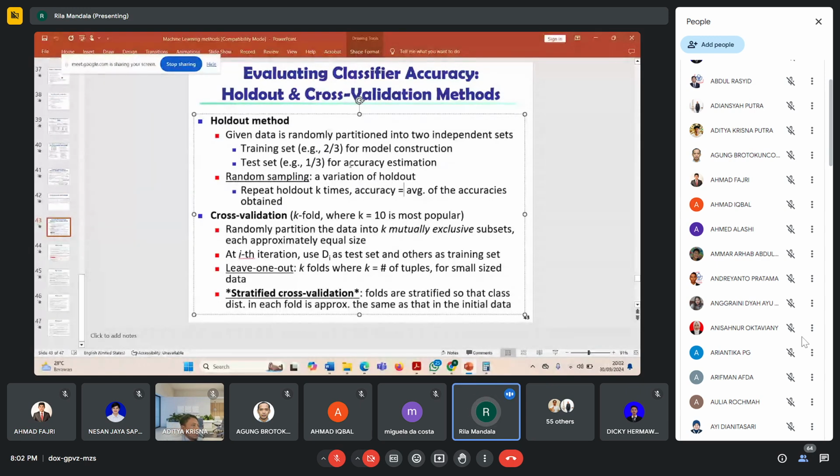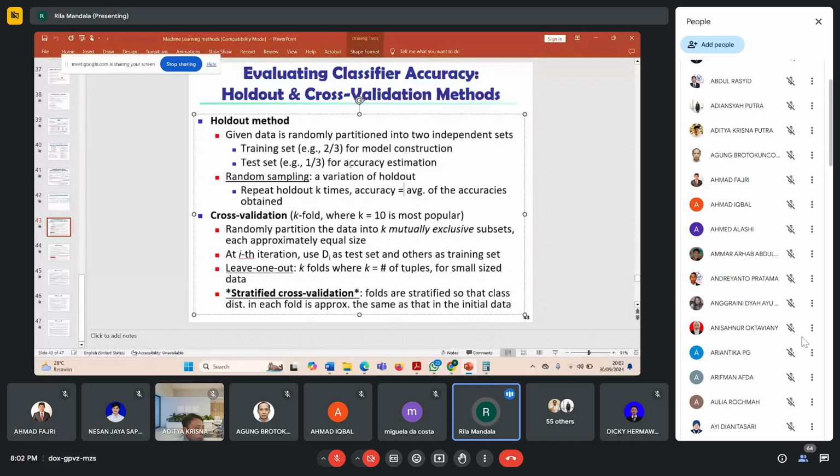Oh, it's not good. I increase to 90% training data and 10% testing data. Oh, now it's good. Actually, that is not a valid experiment. Not a good experiment. Don't use that approach.